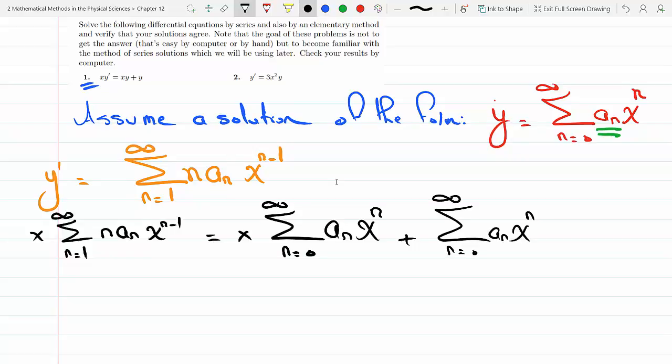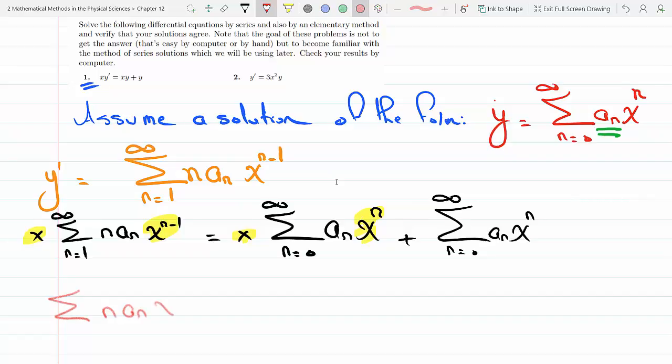Now the objective is to put all these summations together, so I need to do a few things to be able to do that. I am going to pull this x inside with this x to the n minus 1, and the same thing here, so I can have all the variables inside the summations. So this step here becomes n a_n.